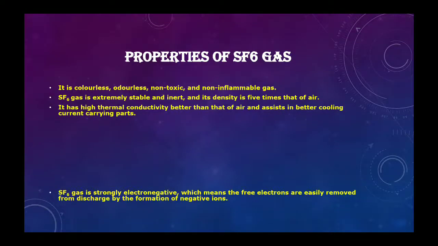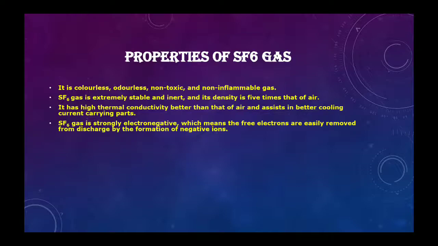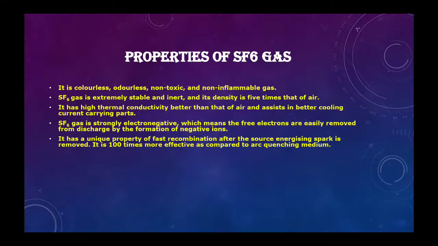The next one is SF6 gas is strongly electronegative, which means the free electrons are easily removed from the discharge by the formation of negative ions. It has a unique property of fast recombination after the source energizing the spark is removed.